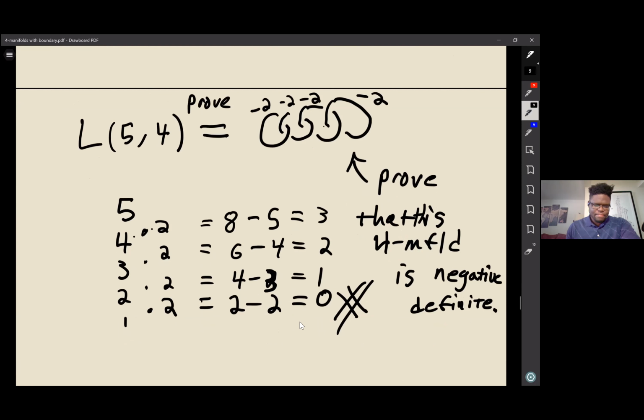I wanted to describe a canonical way you can find a negative definite four-manifold whose boundary is a given lens space.